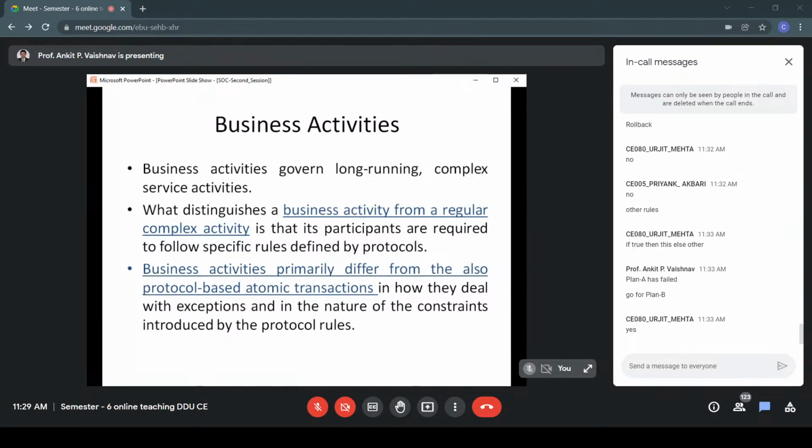So in case of business activities, how we deal with exceptions is different. And that is why the protocols are different than the protocols which were defined in atomic transaction. In atomic transaction, we had those 3 protocols, named completion, durable two-phase commit, and volatile two-phase commit.